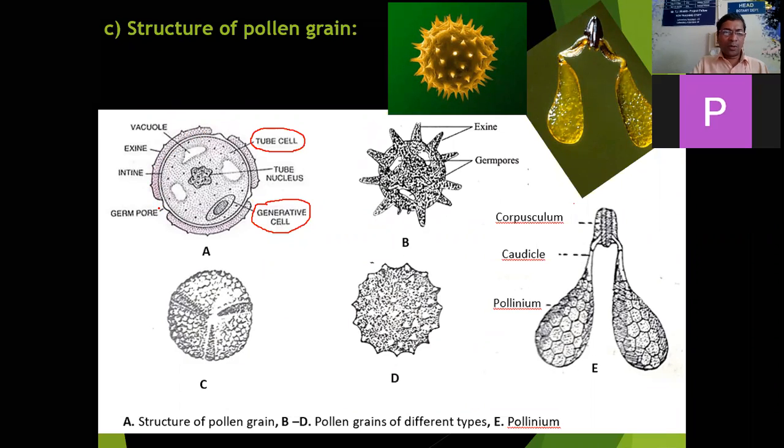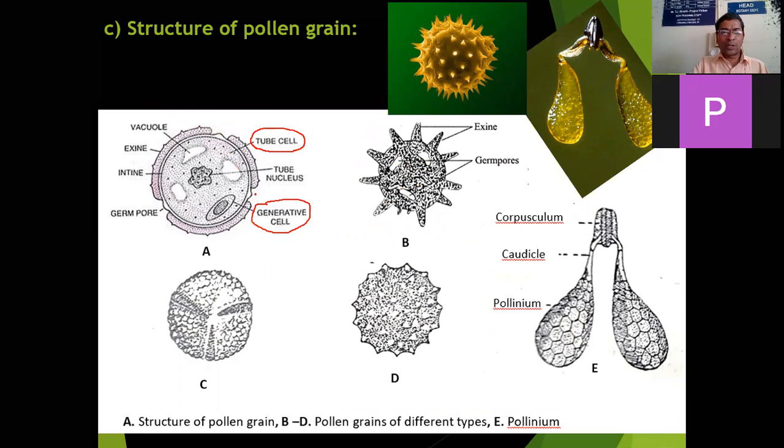So this particular region, which shows a pore-like structure, is actually a pore. Here in this pollen grain you can see such pores are present. Now in this pollen grain there are three pores, you can observe.